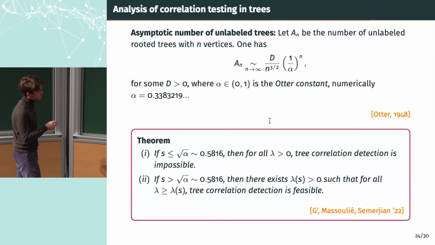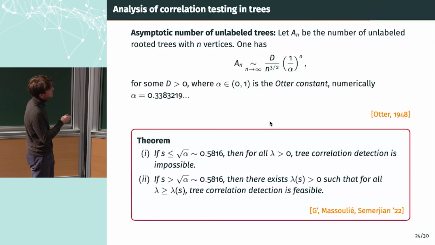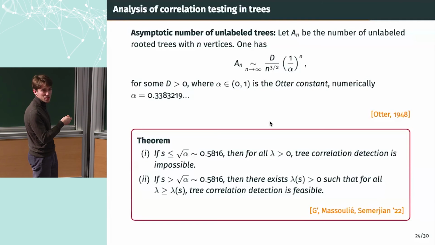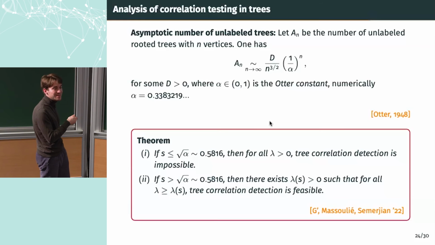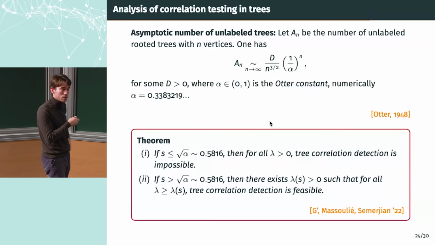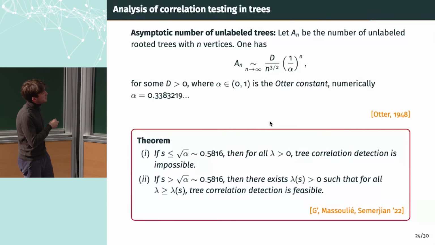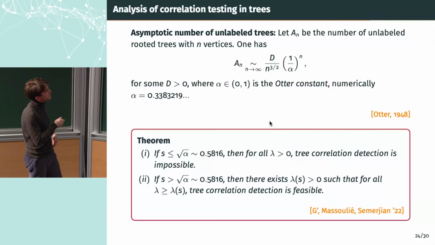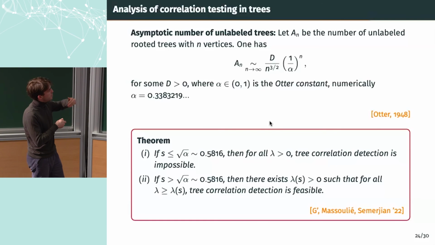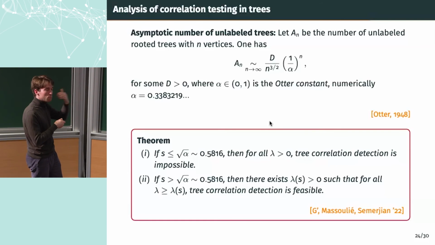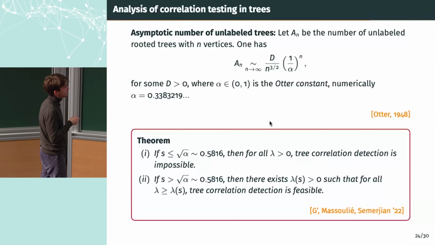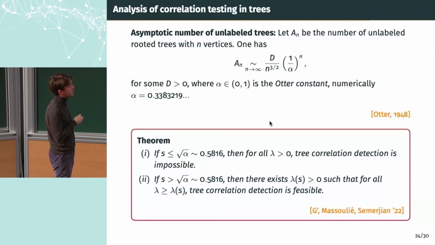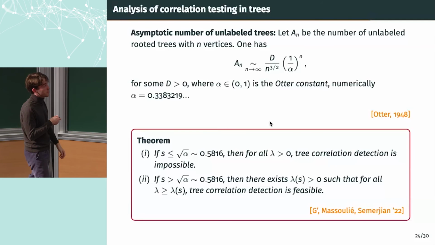By that I mean that if the correlation s is less than square root of alpha, then we prove that the problem of tree correlation detection is impossible. So there is no way I can detect the intersection tree. Whereas if s is strictly larger than this, then for lambda, the mean degree, high enough, the tree correlation test is working, and this problem is feasible.